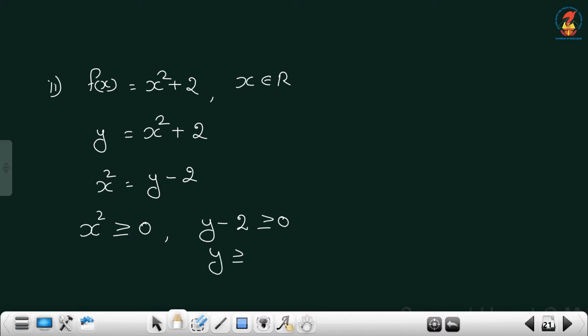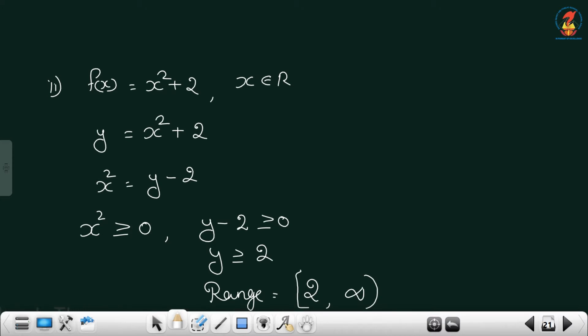So y is greater than or equal to 2. Y is greater than or equal to 2, so what is the range? Range means y values 2 and more than 2. So I can write 2 to infinity. Infinity is open. 2 has the equal sign, so it is closed.